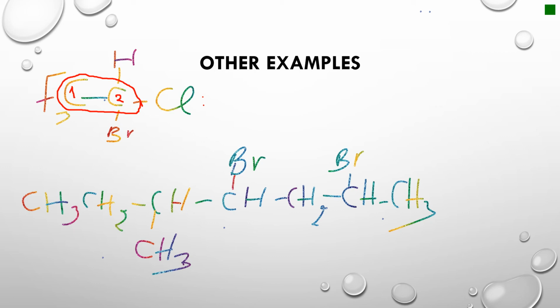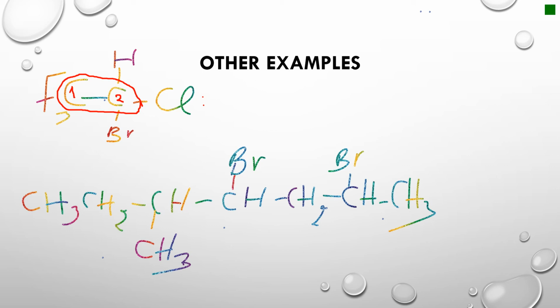You can ask yourselves why we have not numbered them from the right to the left. It is because we are respecting the lowest sum rule. You can take your time and name it by numbering from the right to the left and compare the name with what we have found here.